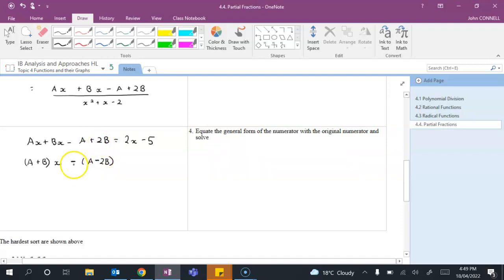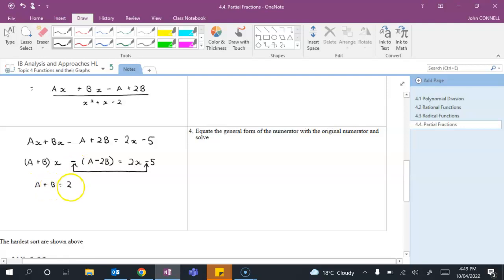If you want to justify why that is, if I'm multiplying this minus 1 by a, I'll get minus a, which works. If I multiply this minus 1 by minus 2b, I'll get plus 2b. And I took the negative out because I've got a negative here as well, so it's going to make it easier to compare.